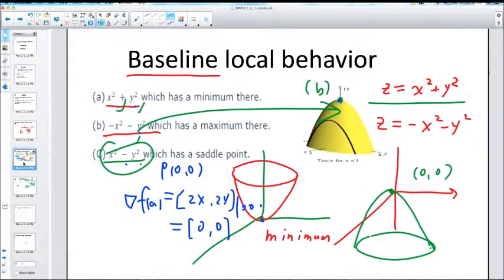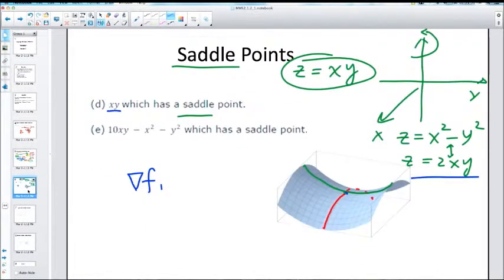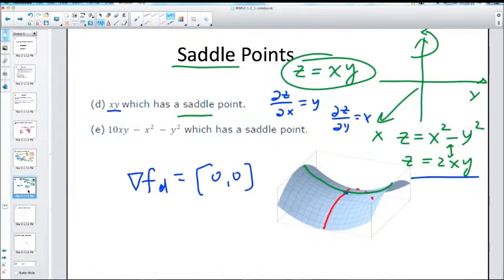And this one, the same thing, is 0, 0. If you take that derivative, 2x is y, 2y is x, at the origin for the D is also going to be 0, 0. So they are all considered critical points, but one is the maximum, one is the minimum, one is nothing. That's called the three baseline.